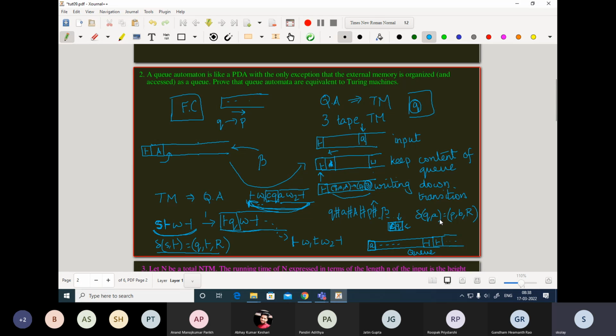Now, if I have delta QA where Q is going to P, A is being rewritten by B, and I'm shifting to the right, then what happens?